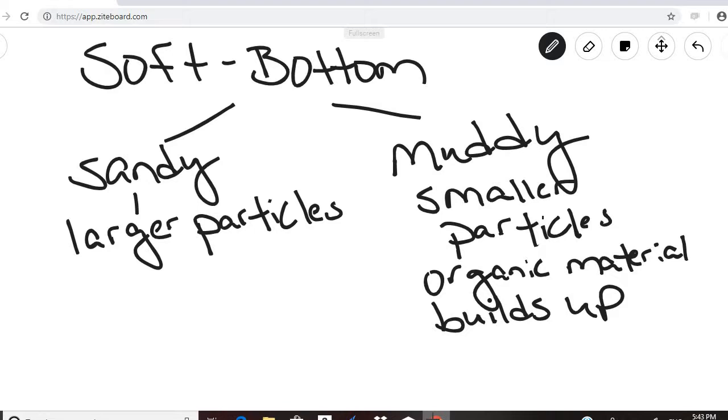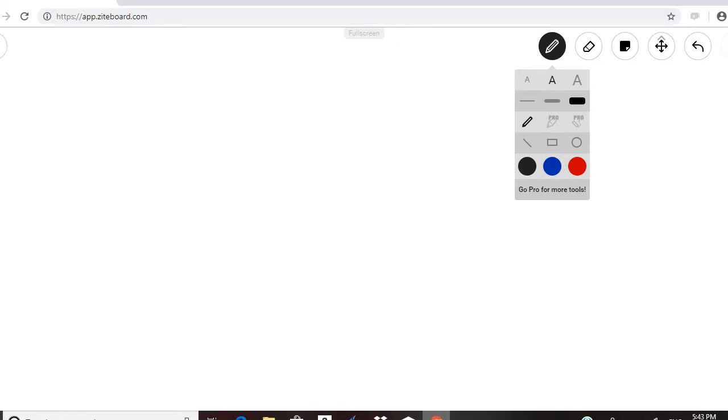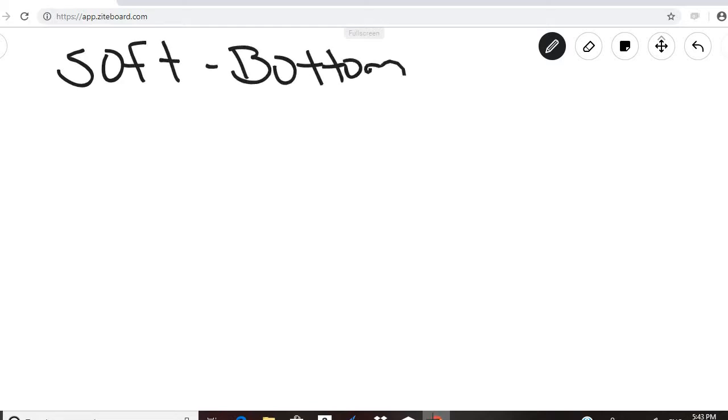And the organisms in the soft bottom also tend to live in clumps, and we're not sure why. So on the soft bottom, the organisms tend to clump.